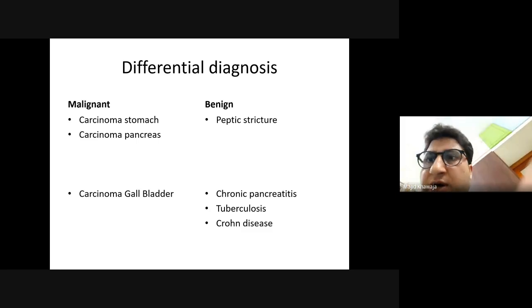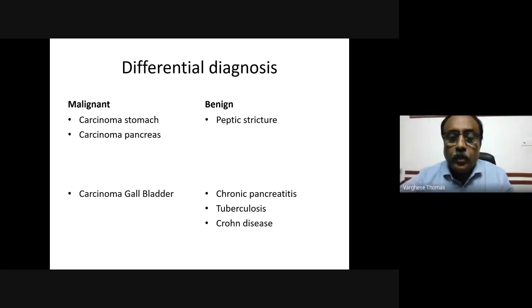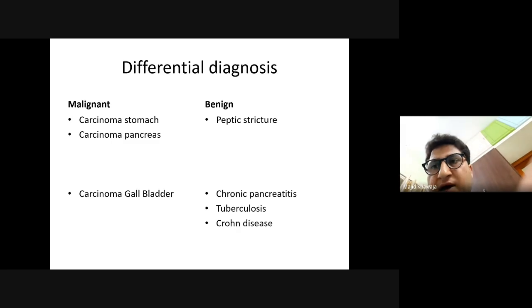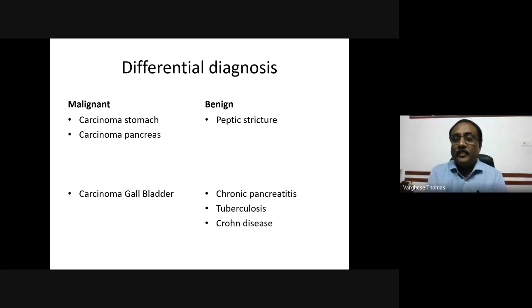What will be the electrolyte abnormality you expect? There will be hypochloremia, hyponatremia, and hypokalemia with metabolic alkalosis. Okay, fine, you know it. Once we know that you know it, we won't allow you to complete it.